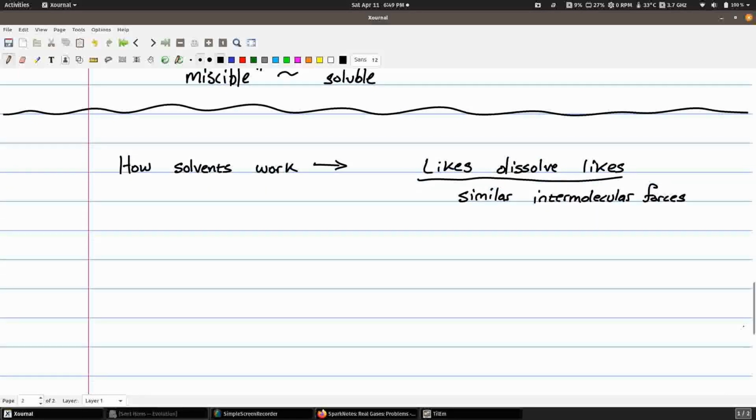So, for example, which of the following substances is most soluble in water?